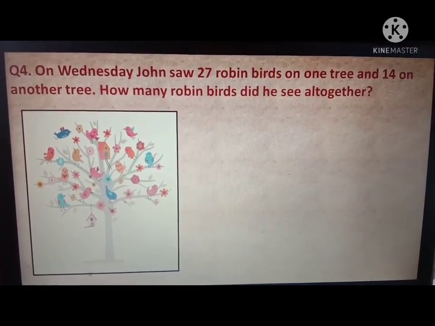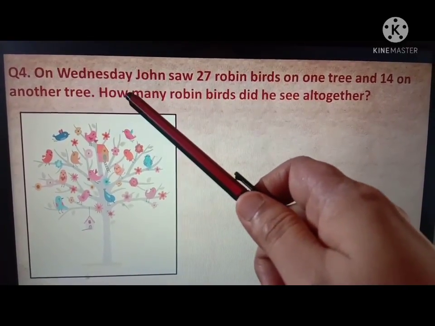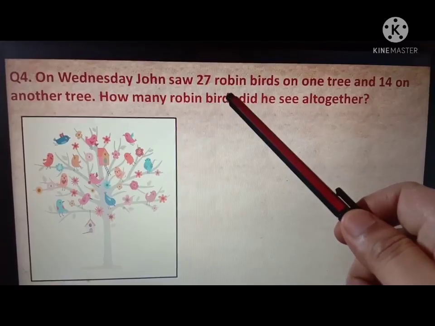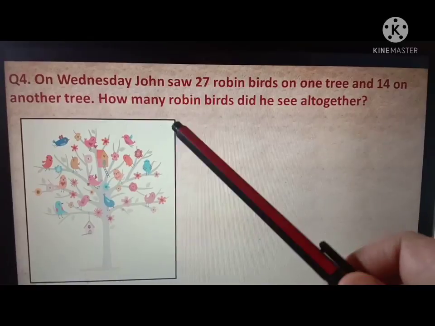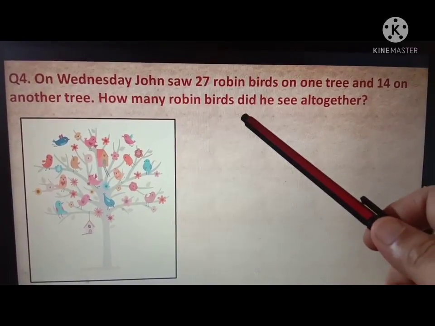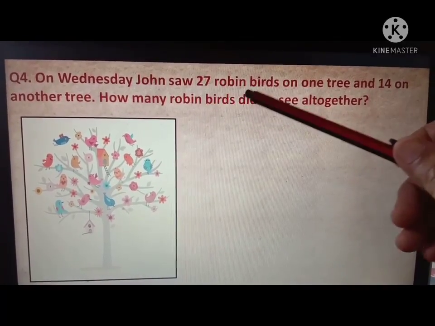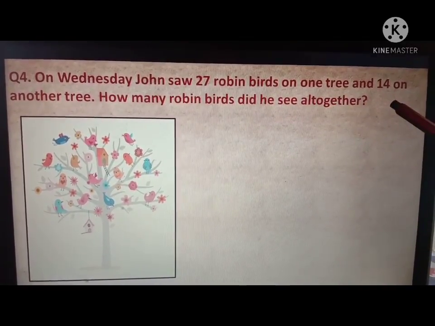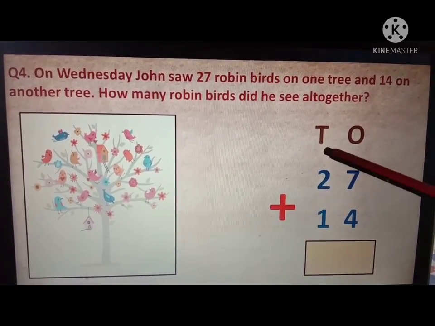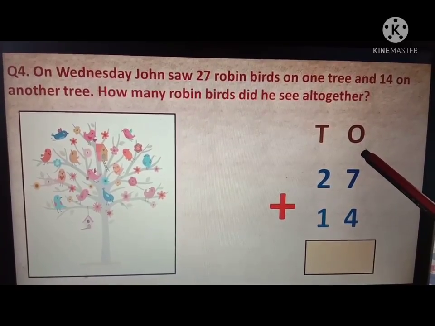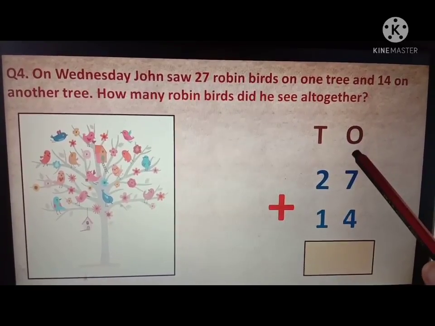So now the next question is, on Wednesday, John saw 27 robin birds on one tree and 14 on another tree. How many robin birds did he see all together? So the first thing is, write down T and O. T represents tens place, O represents ones place.